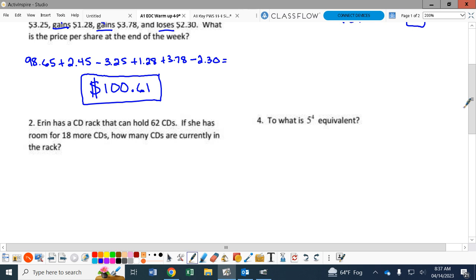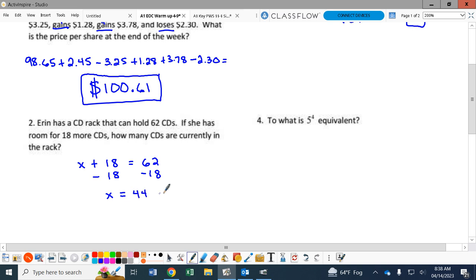Now, if they ask you to write an equation, which they absolutely could, and have that as a part A and a part B type problem, the equation would be something like the unknown amount plus the 18 more that she can fit on there is a total of 62. To solve that, you would just minus 18, minus 18, and x equals, what is that, guys? 44.